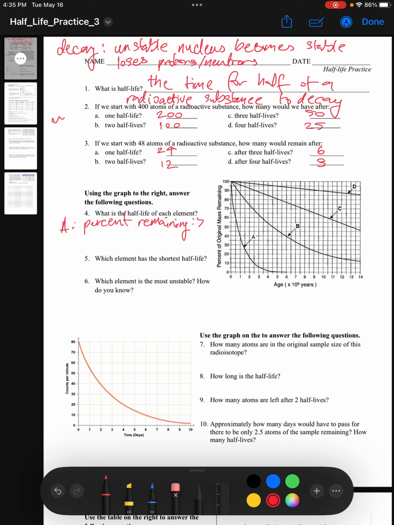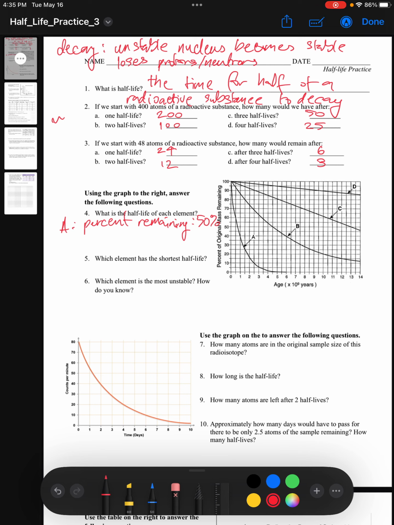Well, that's 50%. At what time is the percent remaining 50%? Because half-life is the time for half of a radioactive substance to decay. It's the time for the percent remaining to get to 50%.